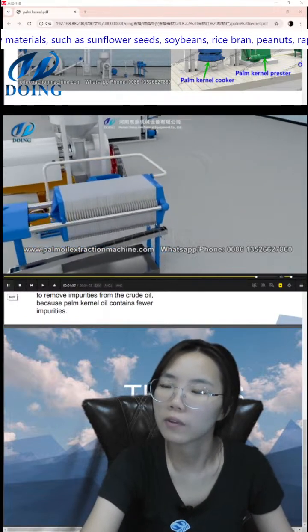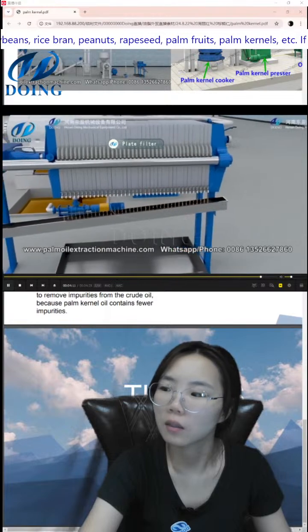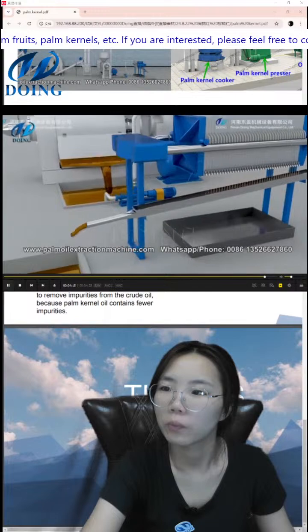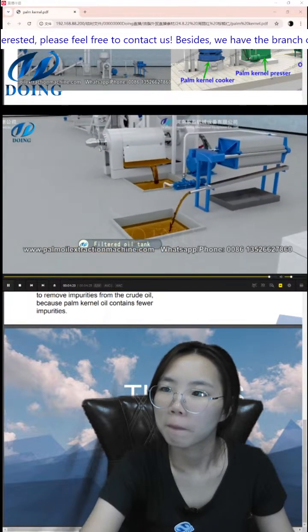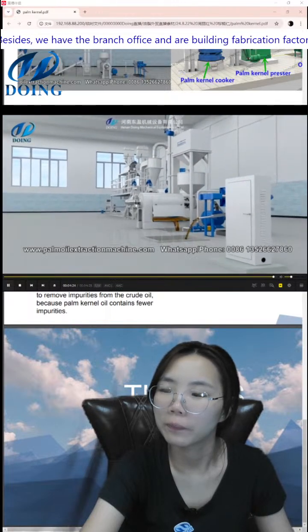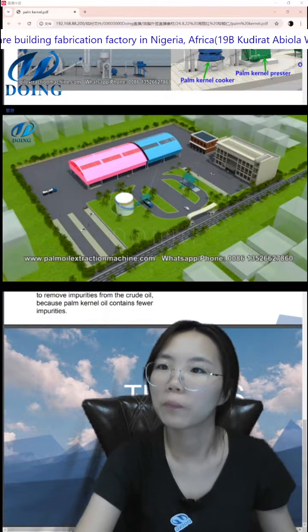And we can see the videos. This machine removes water and some impurities in the palm crude oil and palm kernel crude oil. So in this part we can get the cleaner palm kernel oil.